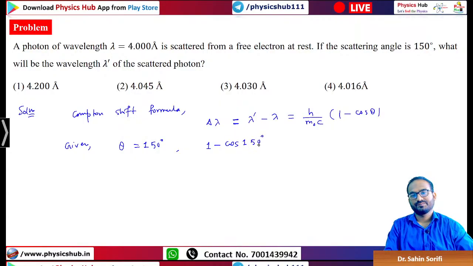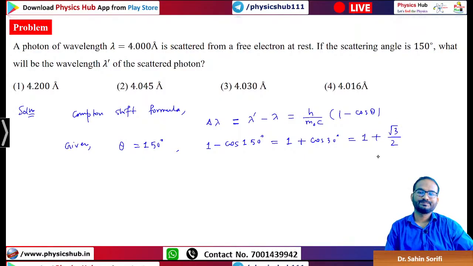Right. So 150 degree lies in the second quadrant. So 180 minus 30, so minus cos 30. You know the value of cos 30, that is square root of 3 by 2.